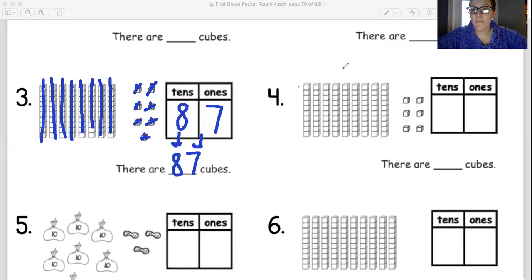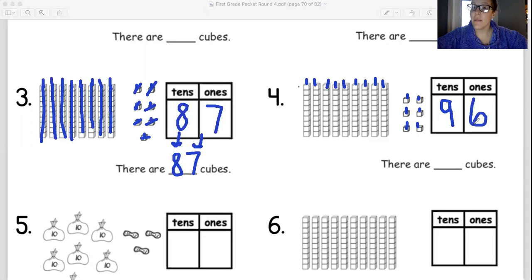How many groups of 10 do we have? 1, 2, 3, 4, 5, 6, 7, 8, 9 groups of 10. Wow. Now let's count our ones. 1, 2, 3, 4, 5, 6 ones.